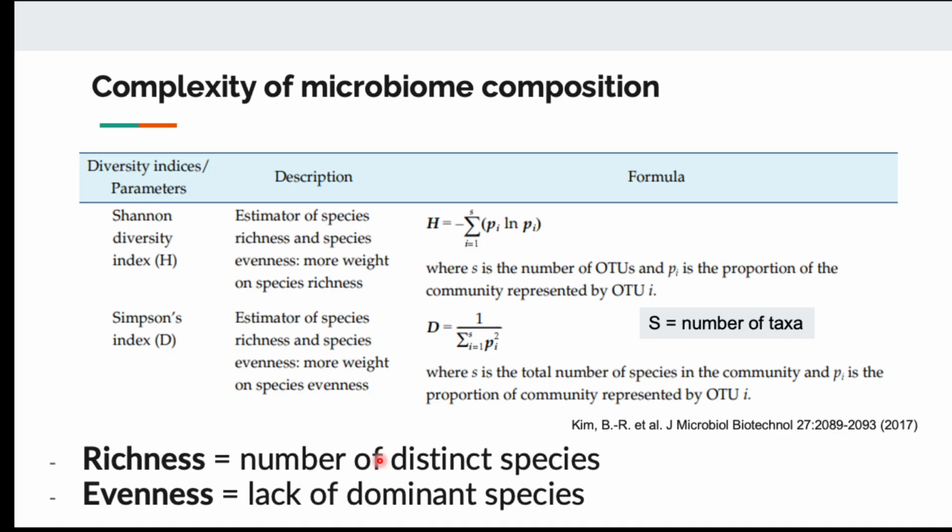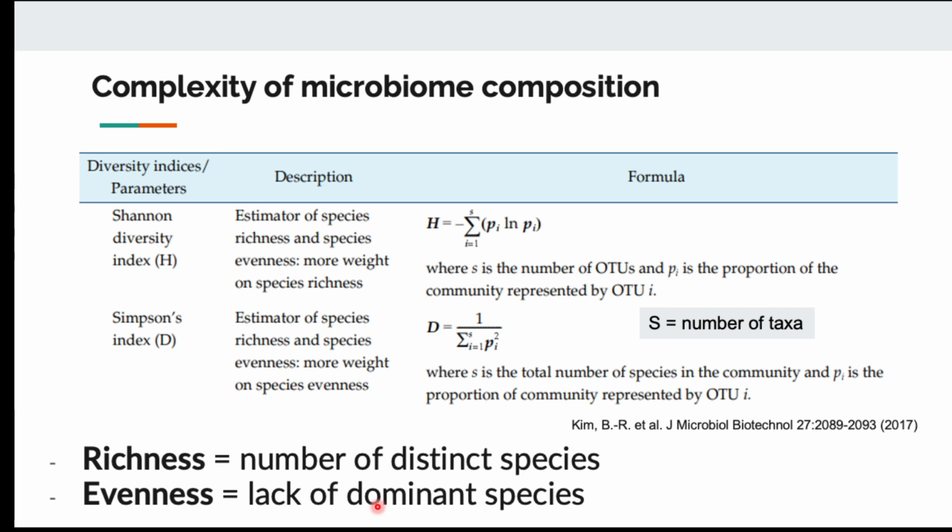But sometimes when you study ecology, when you want to understand the composition of bacteria in the sample, you also want to look at the evenness. If something is even, then everything is of equal proportion. If it's not even, then you might have one species being very high and the other species being very rare.